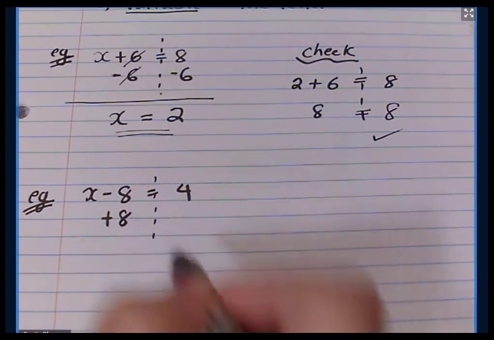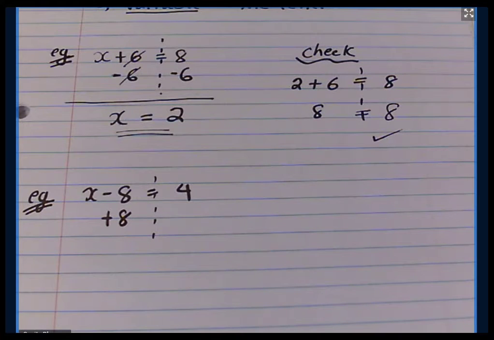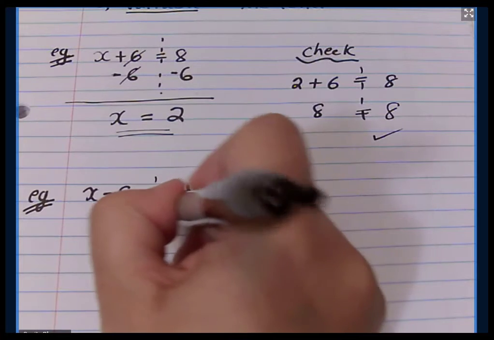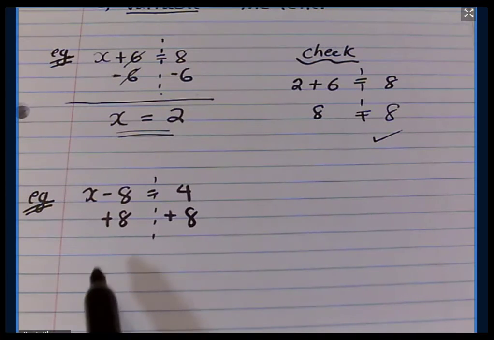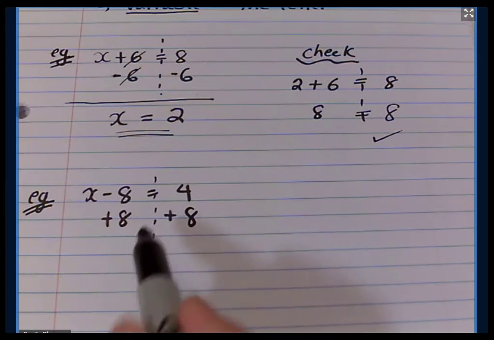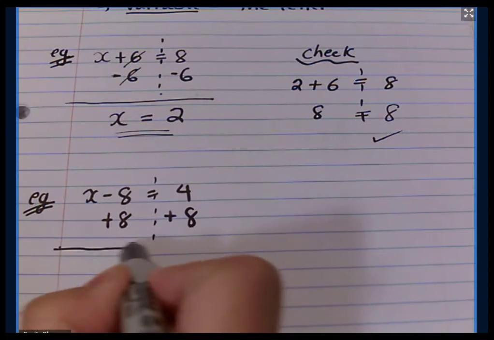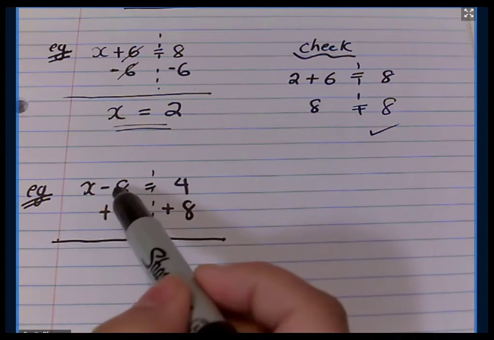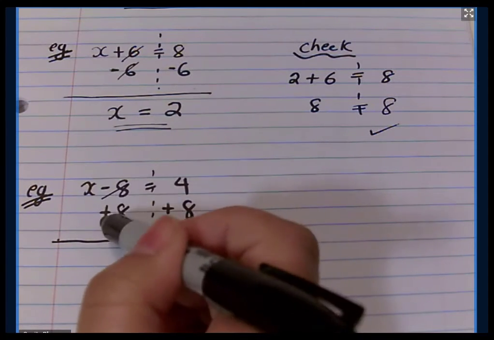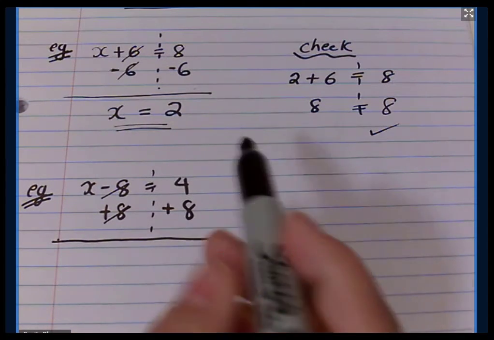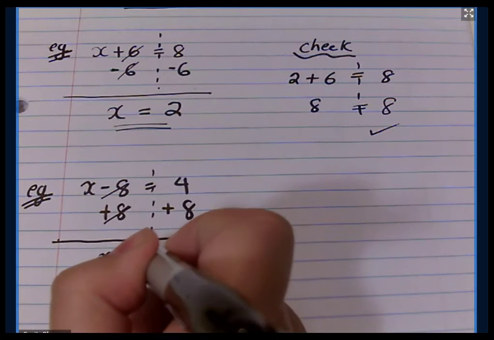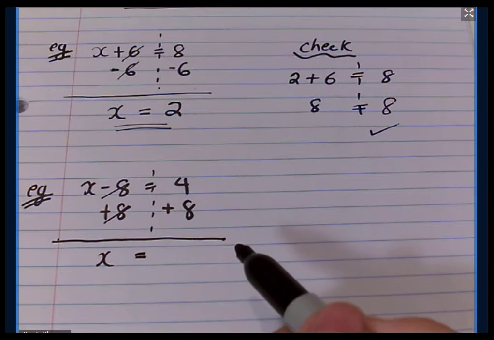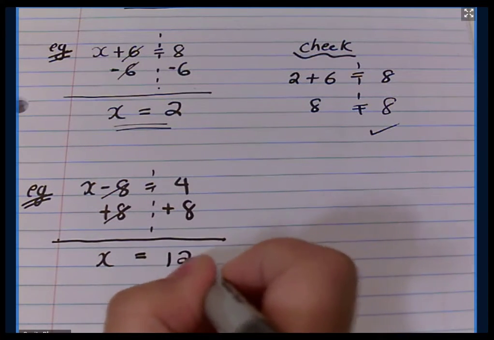I'm just going to show it like this for the first few lessons, since we're just beginning. So we've added 8 to both sides, and I draw this line here to show the next step. Negative 8 plus 8 is just 0. So on the left-hand side, we are left with x, and on the right-hand side, we have 12.